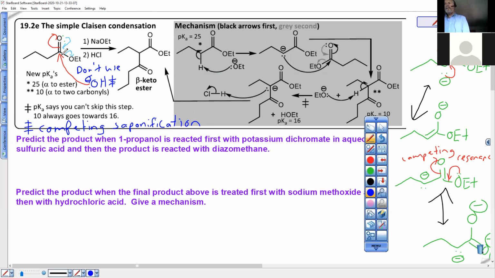So even if saponification happened 1,000 times before you deprotonated an alpha position, which is what you want to happen, then you would not even know that. So the base you choose must match the leaving group, because there is a competing reaction where there's a hydrolysis of sorts, would be an ethoxydolysis, creating the same ester you started with.